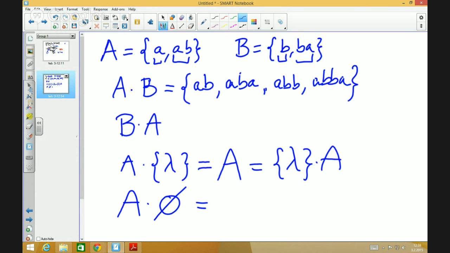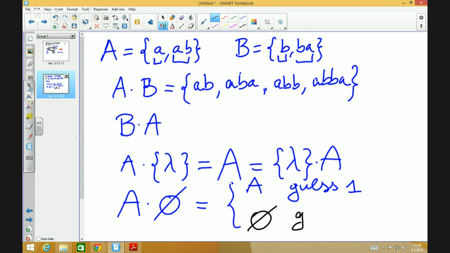Okay, so one of your colleagues said A. Let me call this guess 1. Is there any other suggestion? Another colleague of yours is saying empty language, which I like more than the first suggestion. Why?